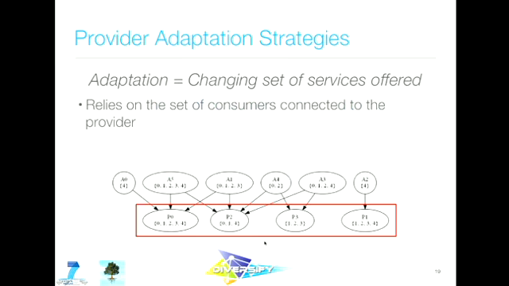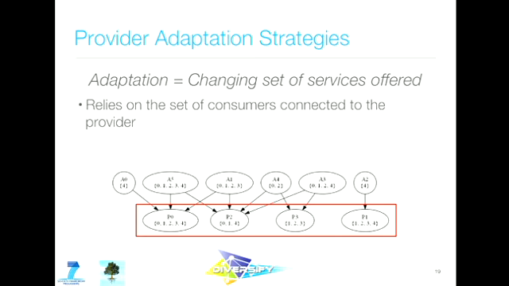Now I'm going to present the different adaptation strategies that we investigated and the ones that we found out. So, the first one, here we go. For providers, the providers are the bottom layer. They're the ones who are providing things. So we're changing the set of services offered.